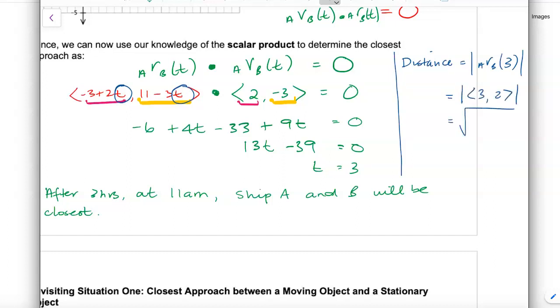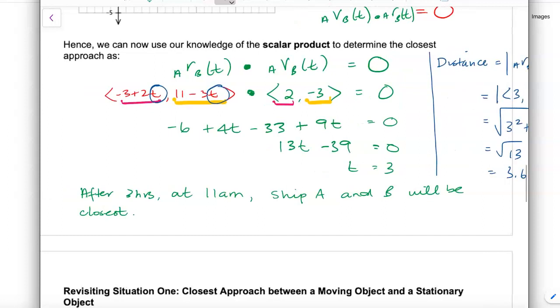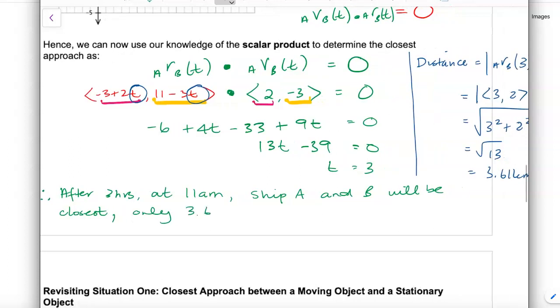So the magnitude of that is going to be 3 squared plus 2 squared, which is the square root of 13, or 3.61 kilometres. So we can add that to our description. So after 3 hours at 11 a.m., ship A and B will be closest, only 3.61 kilometres apart.